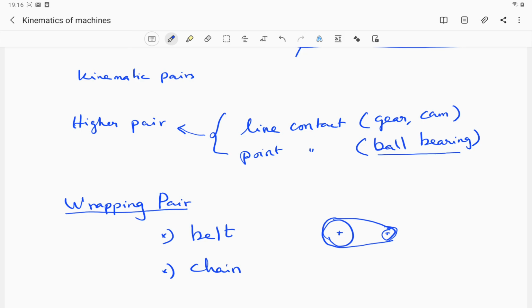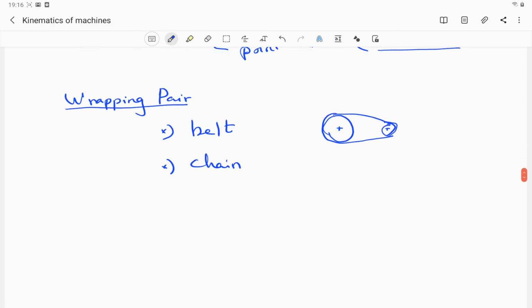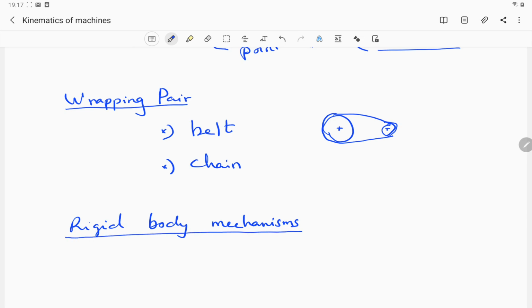Also, we will consider the bodies as rigid bodies. So we will consider only rigid body mechanisms. The reason we consider only rigid body mechanisms is because it's easy for the analysis and everything, and for many cases that's enough.